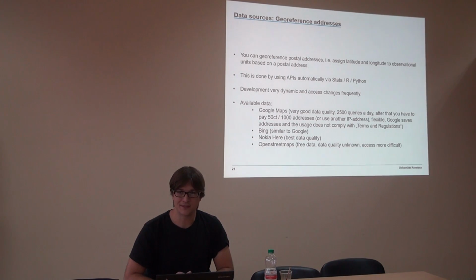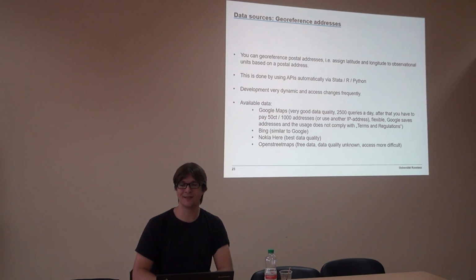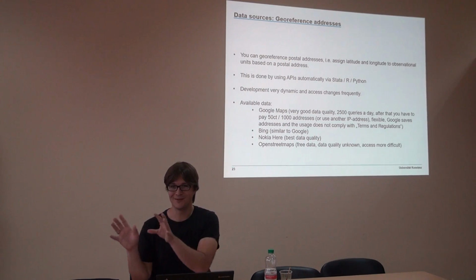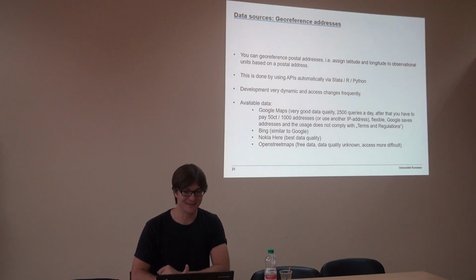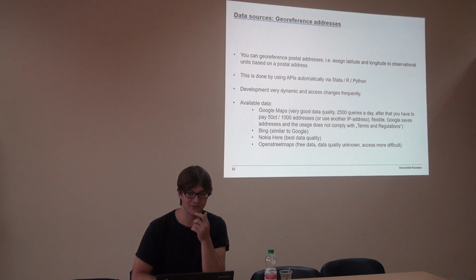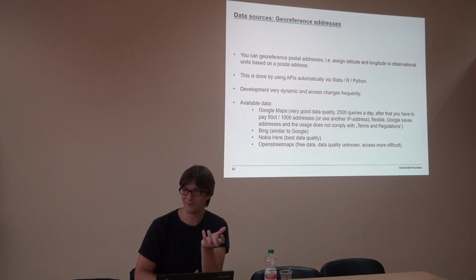The next data source, and this is probably one of the most important things that you do, is that you geo-reference an address. You reference the postal address and give it coordinates, so you can geo-reference postal addresses, that is, assign latitude and longitude to observational units based on the postal address.